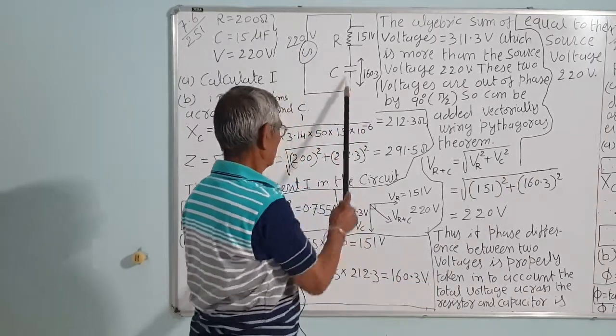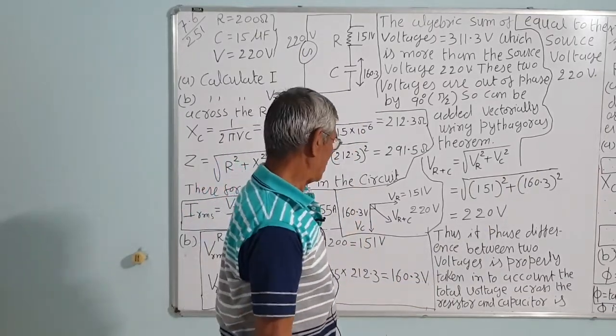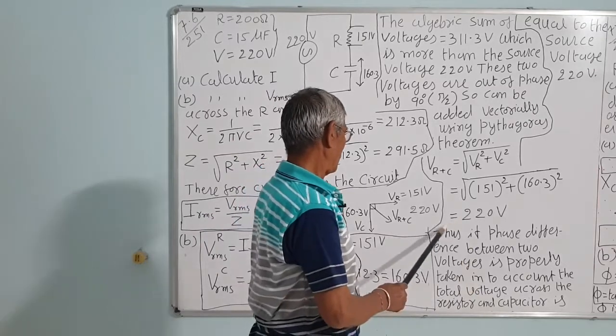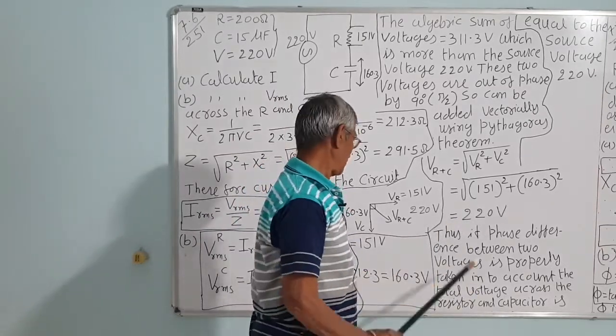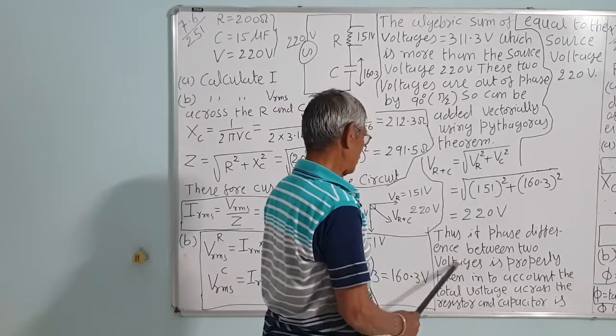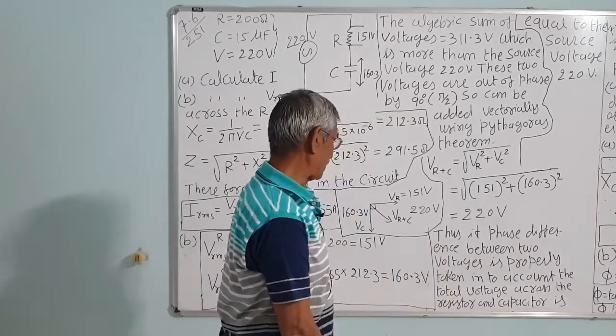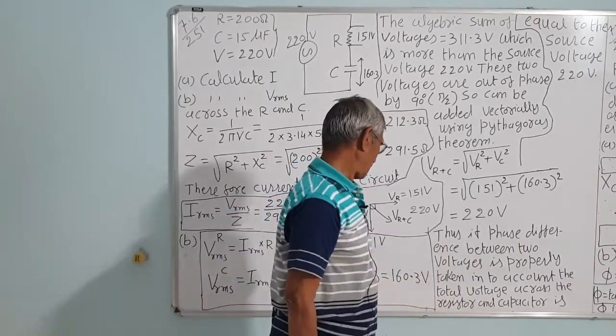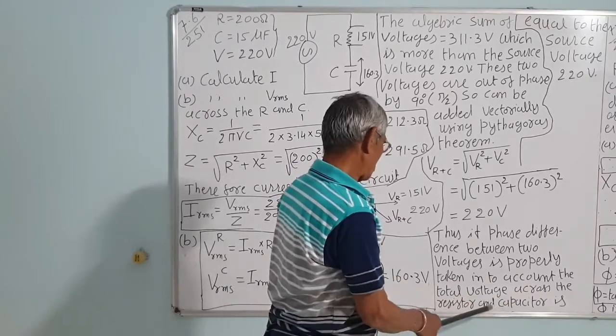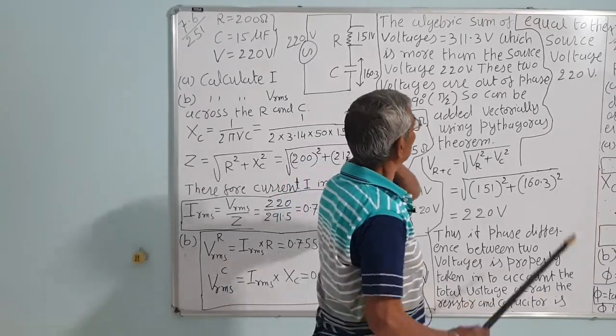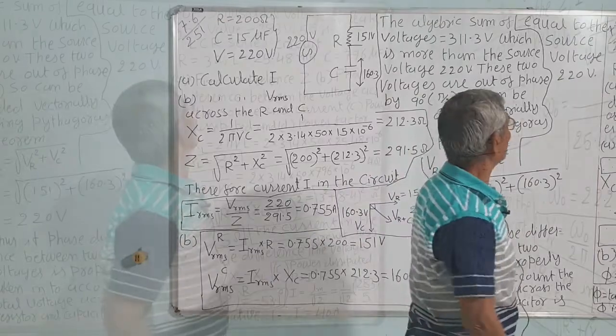So if we consider the phase difference, then the total voltage will be equal to the source voltage. Thus, if the phase difference between the two voltages is properly taken into account, the total voltage across the resistor and the capacitor is equal to the source voltage, 220.